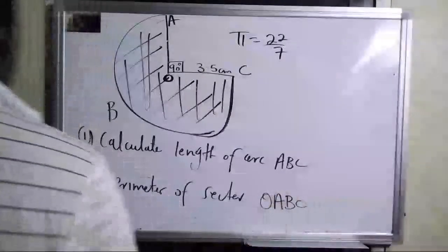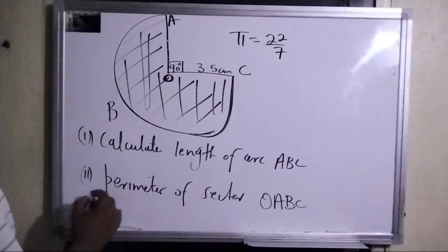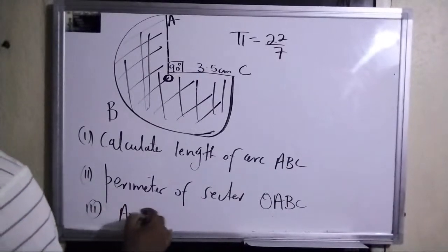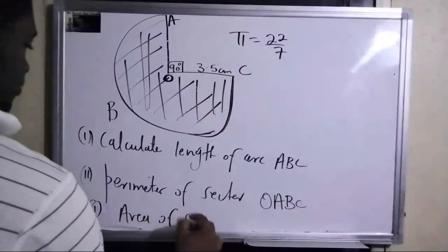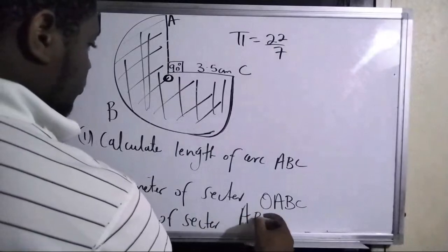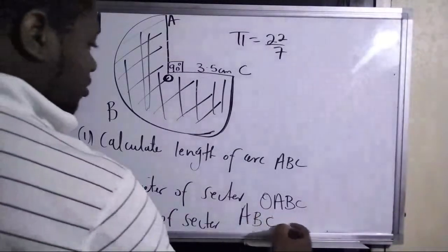Very interesting question this. And then the area of the sector ABS. There's no S on it, so I'm assuming they mean ABC. That was an error with the book.